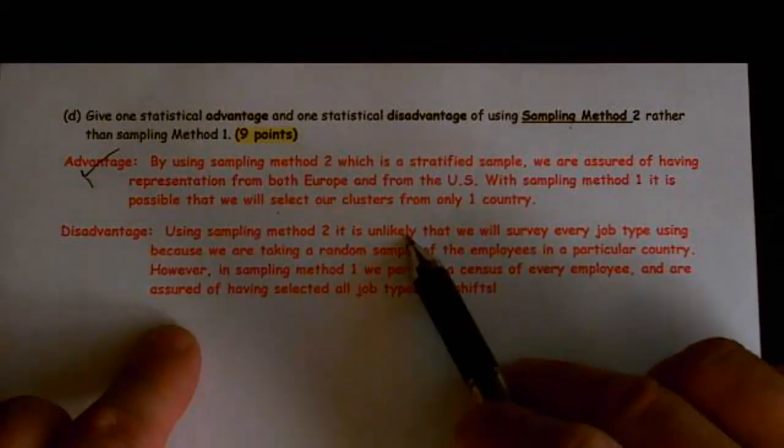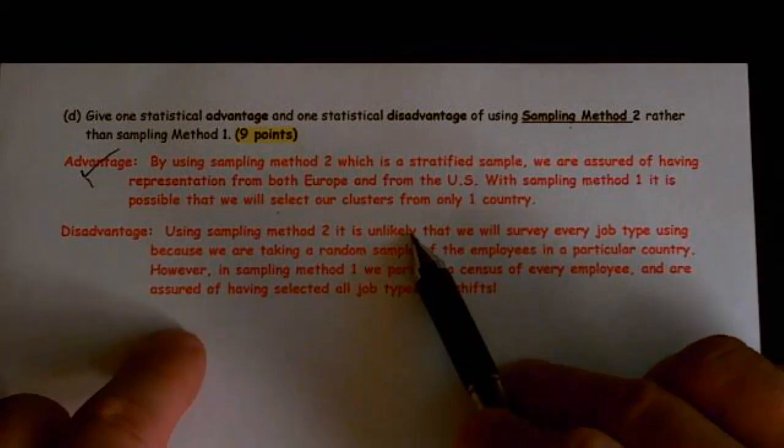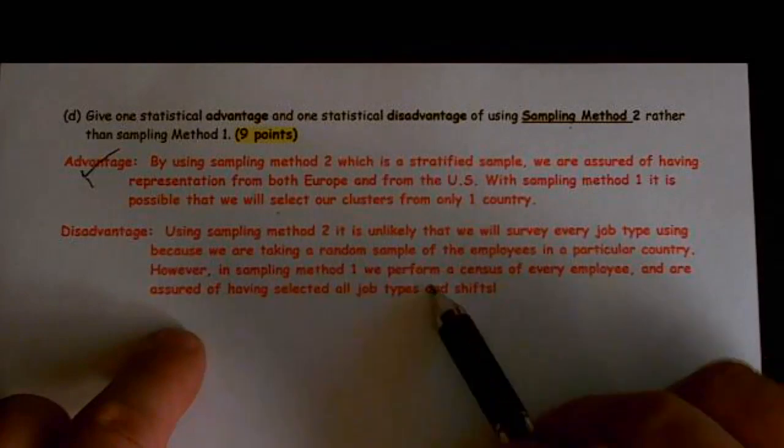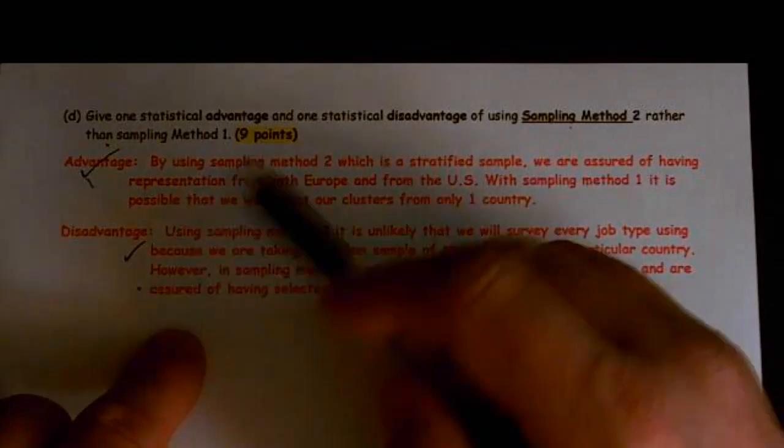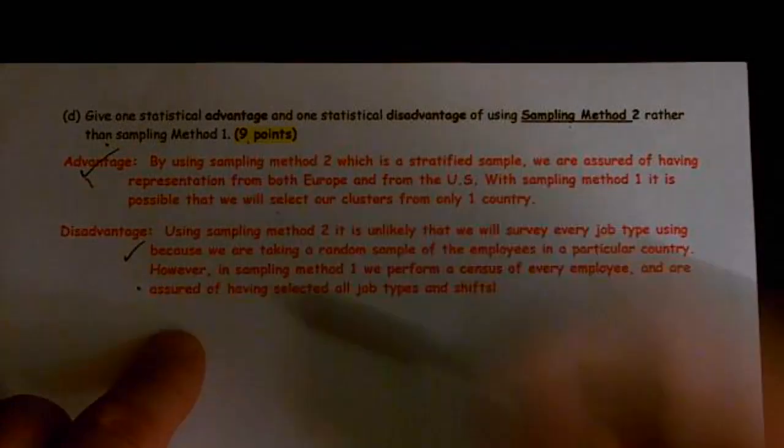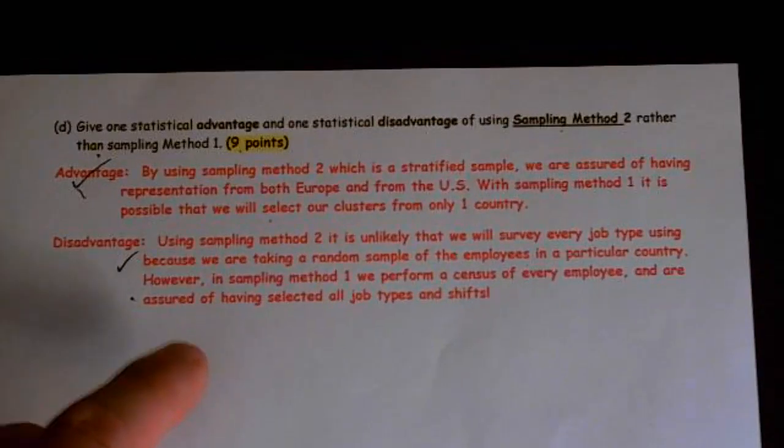Once again, with the stratified, we're going to have a random sample within the country, so we're sure to have the country represented, but not all employee types. With a cluster, we're not assured of having both countries represented, but we're assured of having every job type. If you had both the advantage and disadvantage correct, you received 9 points. One of those correct, you received 5 points.